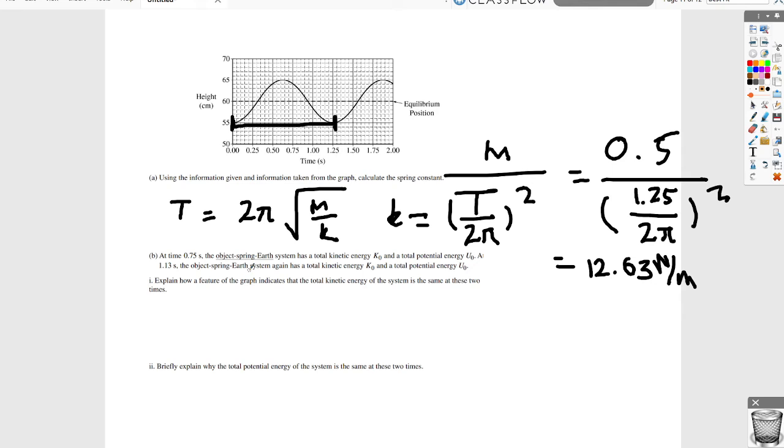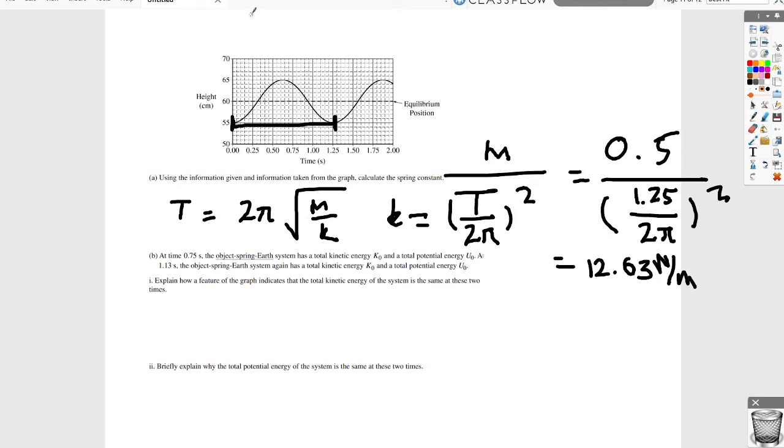At time 0.75, the object-spring-Earth system has total kinetic energy K0 and potential energy U0, and at 1.13, the same thing. So explain how a feature of the graph indicates that the total kinetic energy of the system is the same at these two times.